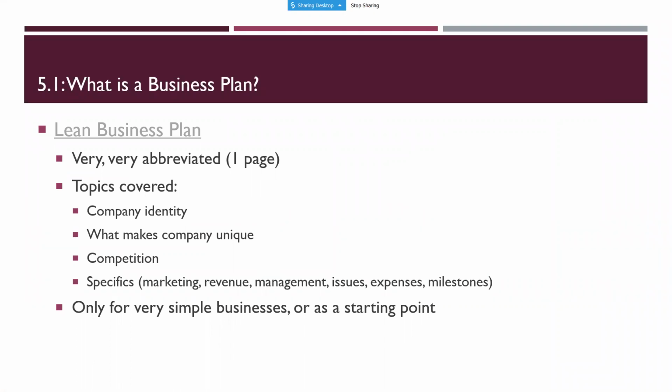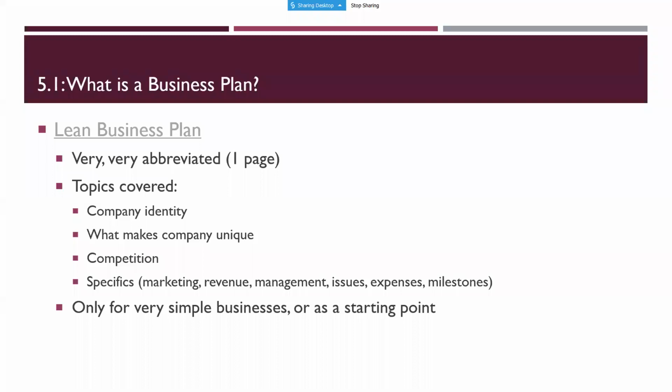So generally, the Small Business Administration does make the point of admitting that this approach is really only useful for your businesses that are very, very simple.